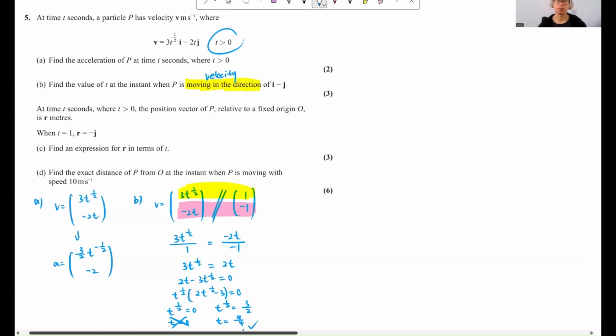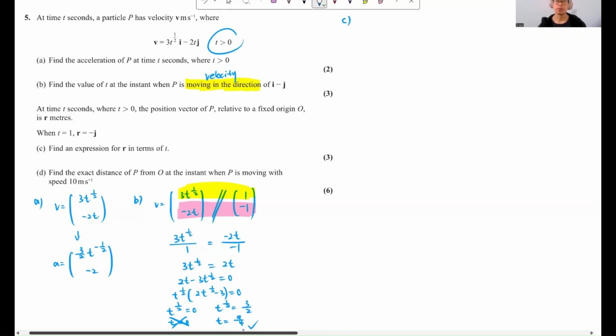Okay, let's have a look at part C. At time t seconds, where t is more than 0, the position vector of P relative to a fixed origin O is r meters. And when t equals 1, r is equal to negative j. We want to find an expression for r in terms of t.